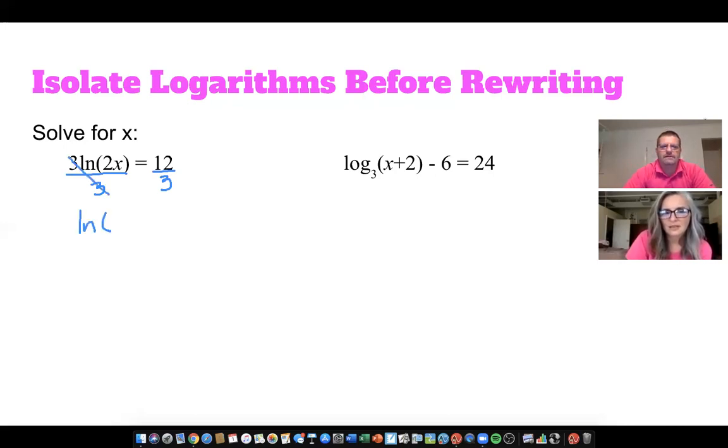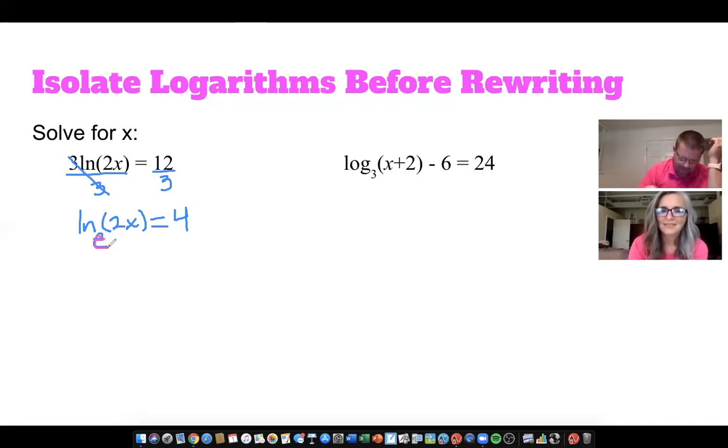When it's natural log like that, in my mind I know there's an e here. So e to the 4 equals 2x.